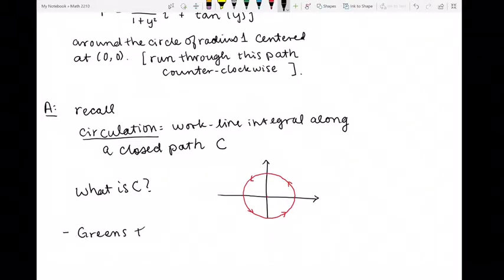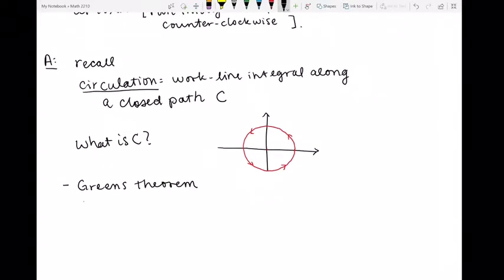So first off, remember what Green's theorem says. Green's theorem says that if I want to calculate the line integral along a closed contour, and this is just a regular line integral as before, then this is equal to the integral over the region R, and we'll talk about what that region is, of the curl of F over the area.